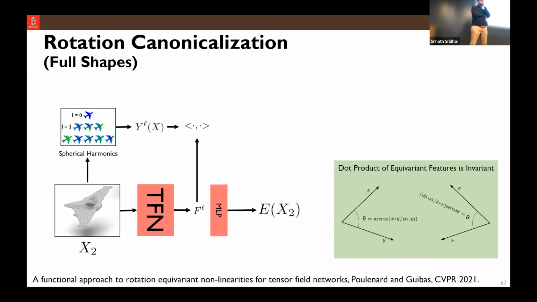I understand that the dot product of equivariant features is invariant. The spherical harmonics are equivariant, and the tensor is equivariant, and we take the dot product and it is invariant. Maybe for the reconstruction process this happens.